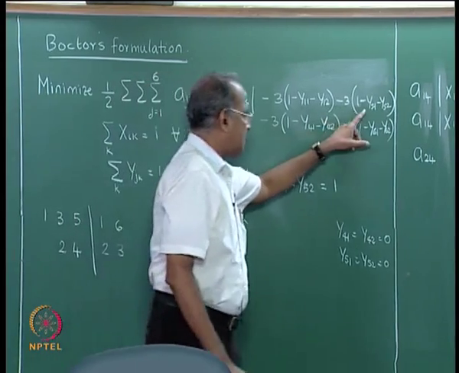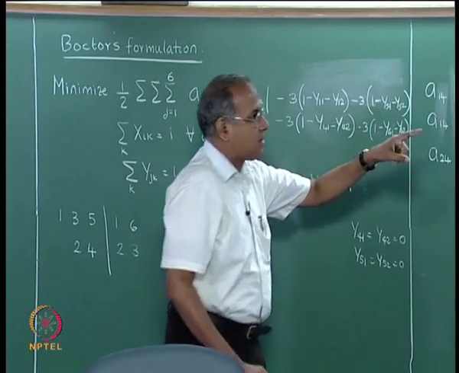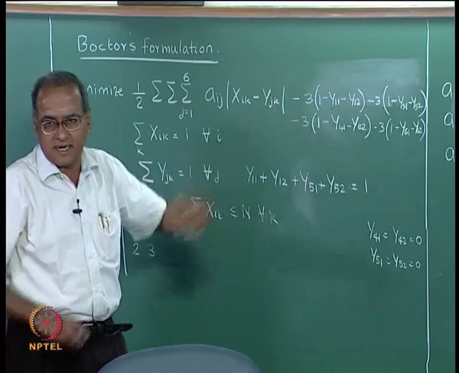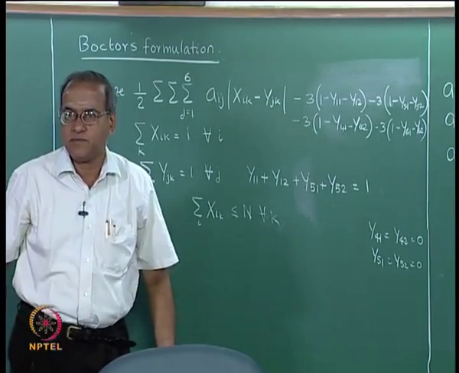The 3 is contributed because process plan 5 requires 3 machines, and those 3 this will consider. So you should remove the 3 from there as the intercell move, because as such they are not intercell moves.